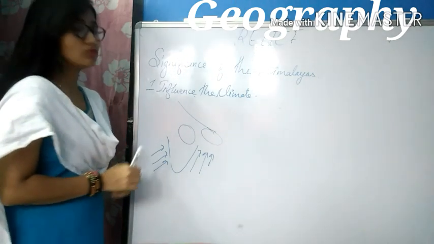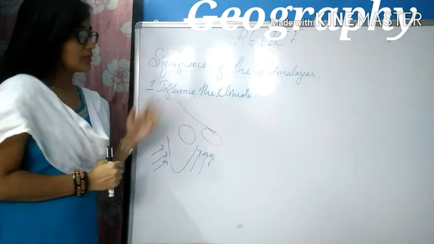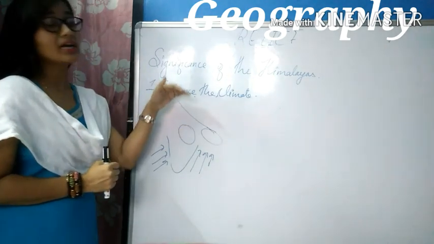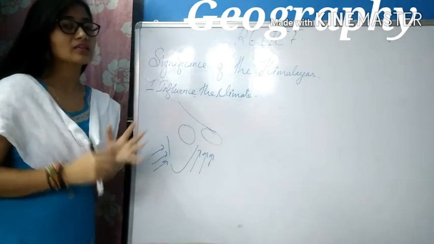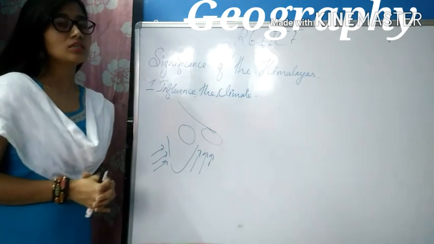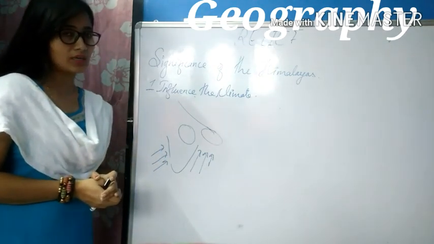Not only that, during the winter season, because of its great height, length and direction, it does not allow the cold wind of the Arctic region to enter India and thus saves India from the severe cold wind. So in this way, it influences the climate of India.